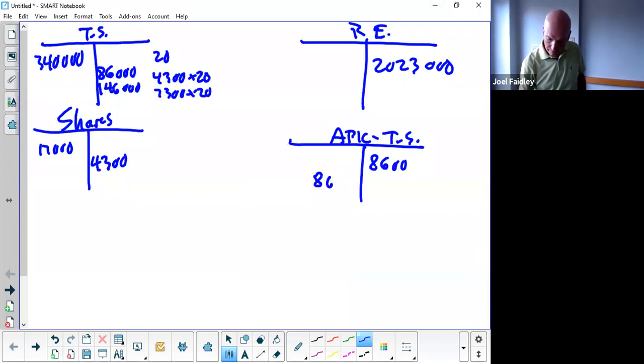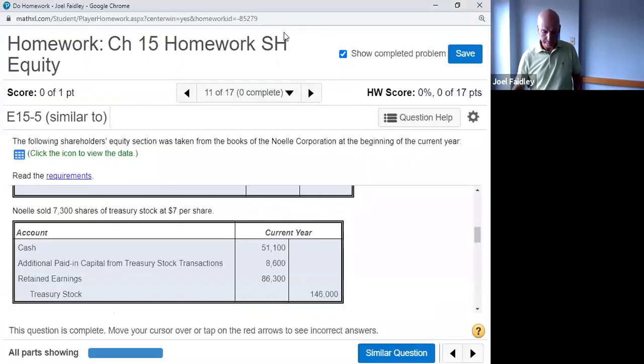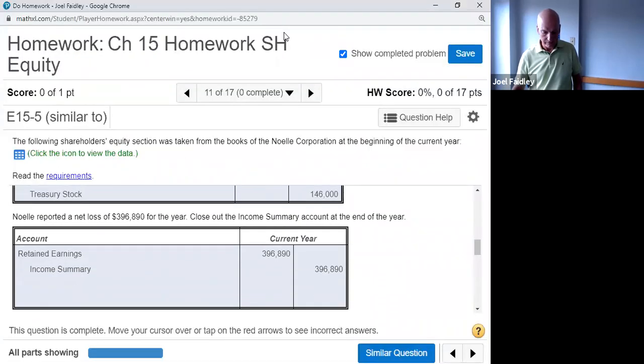From 8,600, that goes to 0. It can't have a debit balance. And retained earnings, I'll just say 86,300. It's got to come out of retained earnings. Finally, they reported a loss of $396,890 for the year.